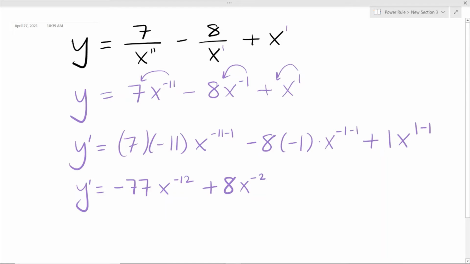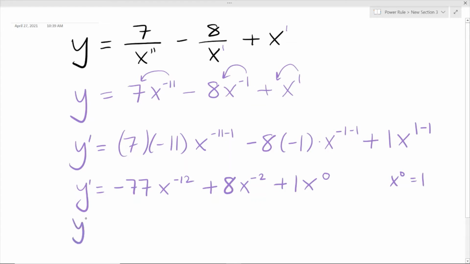Then now we have positive 1 times x to the exponent of 1 minus 1. 1 minus 1 is equal to 0, so I'm going to write 0 like that. And x to the exponent of 0 is equal to 1. So this is basically like 1 times 1, which is basically 1.